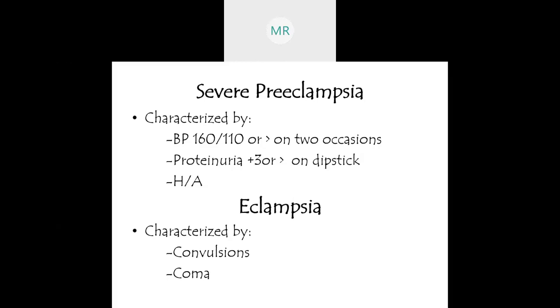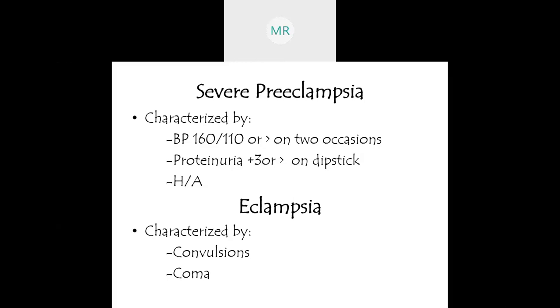Your most famous one in OB is still IV hydralazine. IV labetalol, a beta blocker, works really well, and that's another med to look up. So if these blood pressures are more than 160 over 110, we stabilize them because it's an emergency, and get them delivered. We give IV hydralazine or IV labetalol.